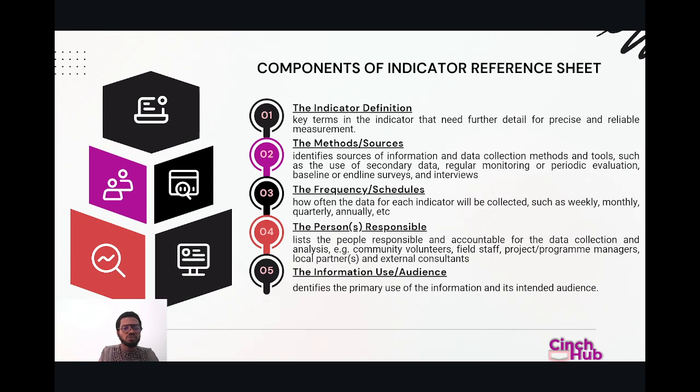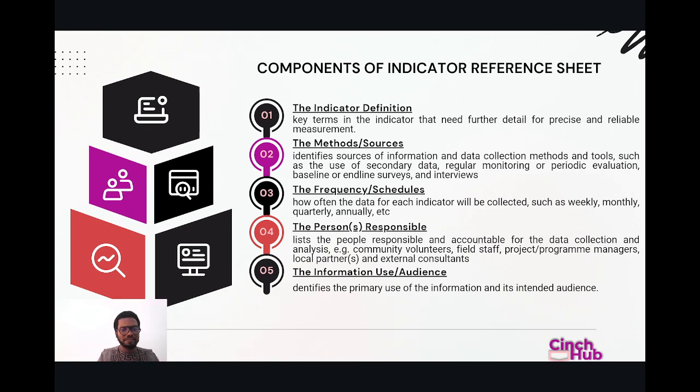For some of us that have been in the sector, you see a couple of indicators and you look at the user, you know, this particular indicator is not meant for me. This indicator is meant for probably a regional level, or for a sectoral level.